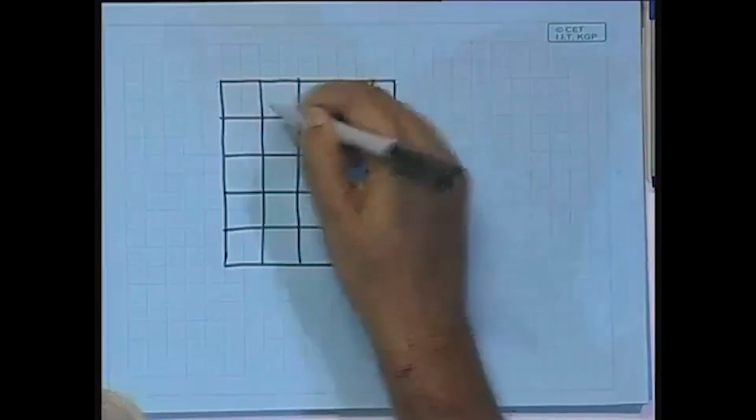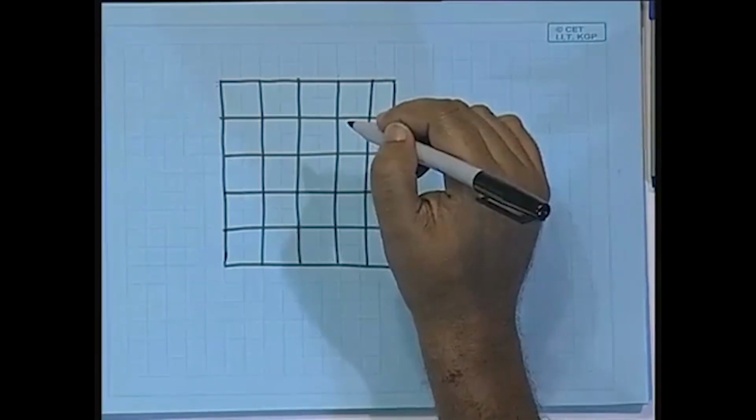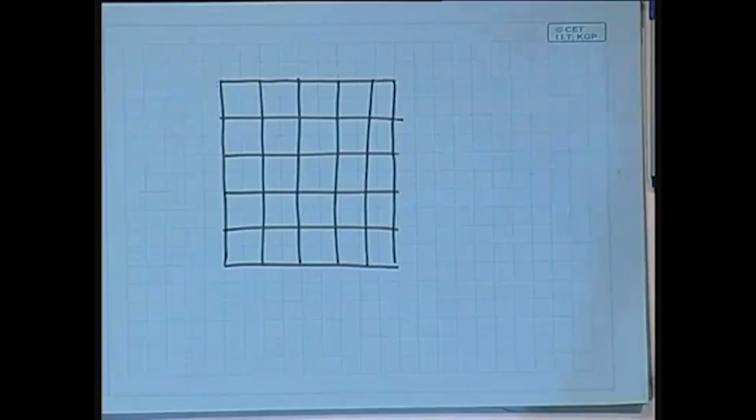Now, whenever an image is there, the details are not present uniformly over the image. There are some parts of the image where more details are present, which we have to encode with a finer quantization factor. There are smooth regions of the image where a coarse quantization factor will be good enough.